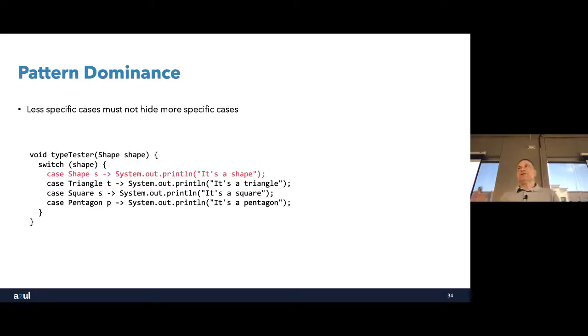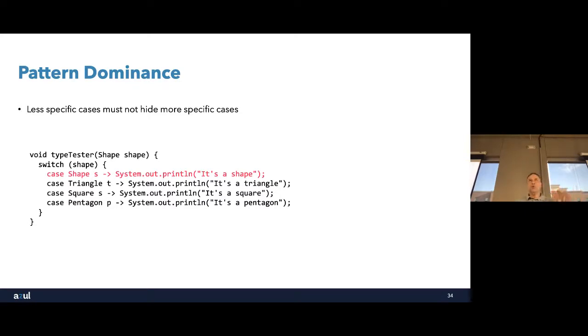Pattern dominance is another thing that's quite important. The thing here is that the less specific cases must not hide the more specific cases. If we take our shape example again and change the order of the cases, and we put shape at the beginning, then that's not going to work, because again, polymorphism means that everything in that example is a shape.